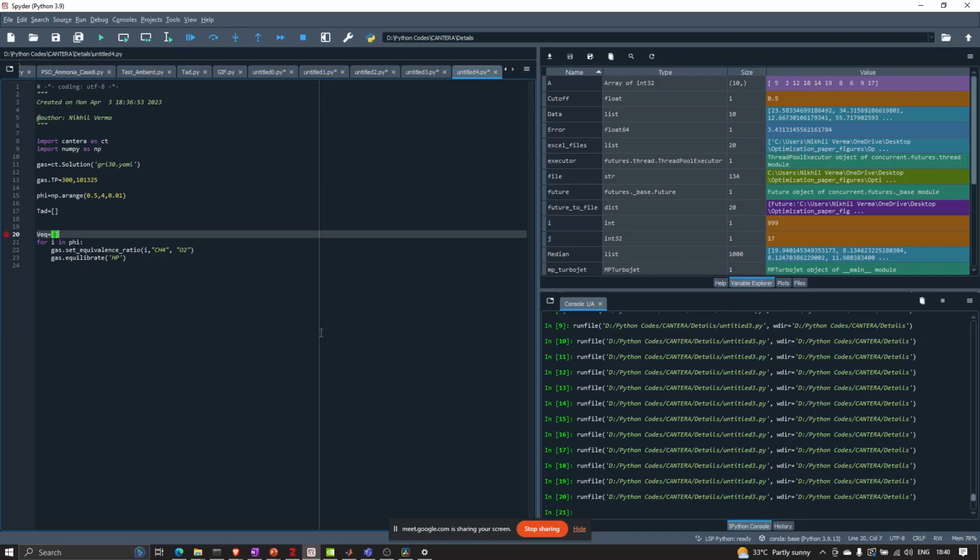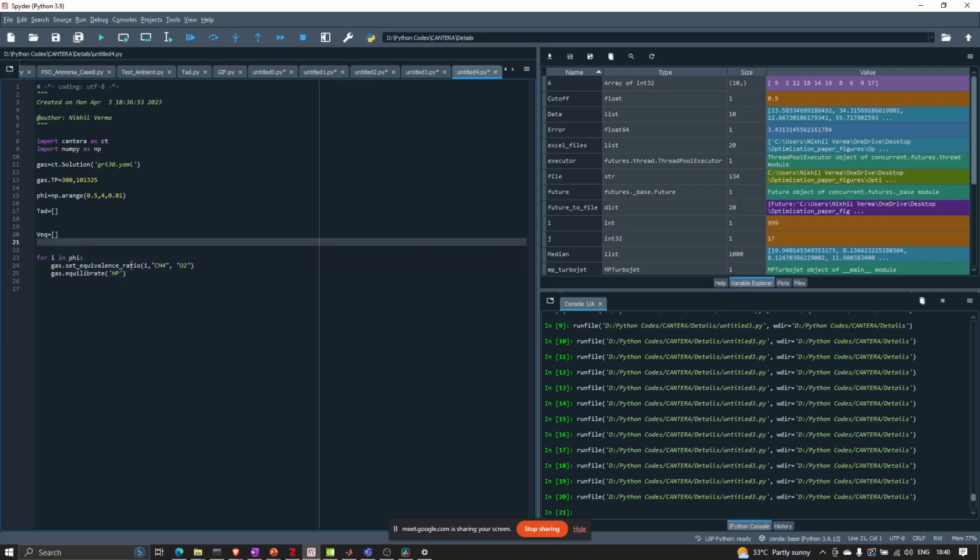Any idea? Last time, in the beginning classes, we calculated this V equivalent, right? For this, what all things do we need? We need CP for the mixture, and we need T adiabatic. So let us calculate this.